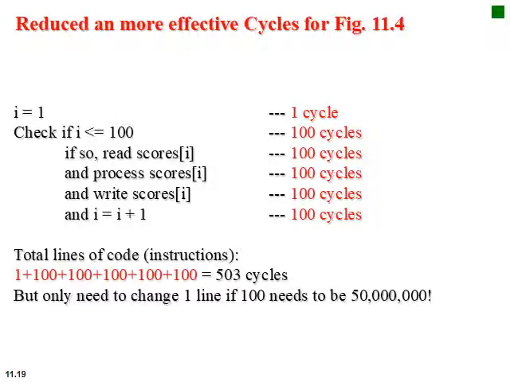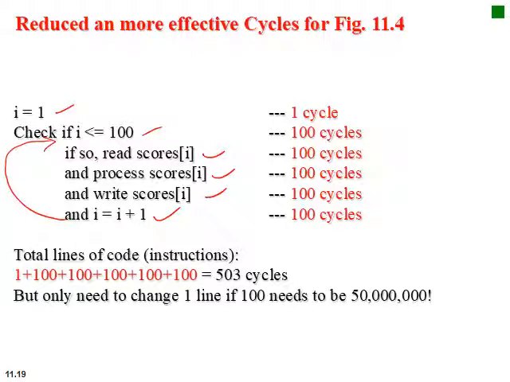We still initialize I to 1, and then we check if I is less than or equal to 100. But we can do all of those things in this same loop. If that is the case, read the score, process the score, write the score, and increase I. And then we continue with the next iteration of the loop.